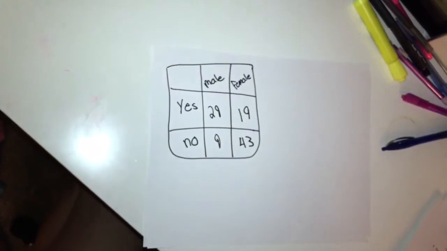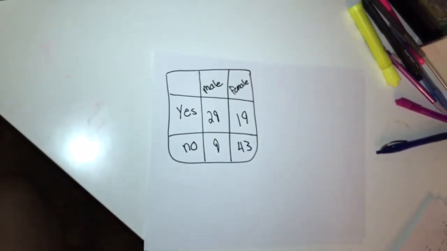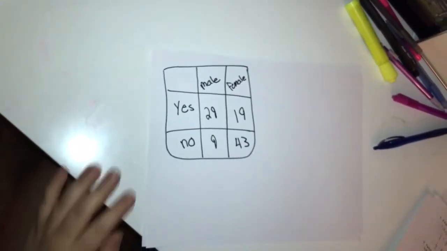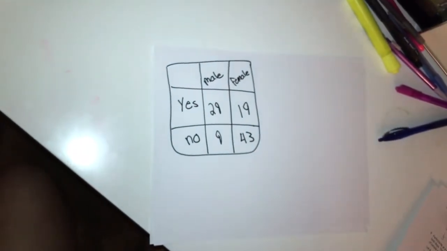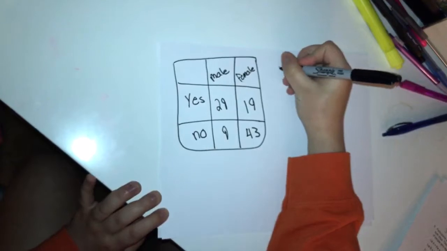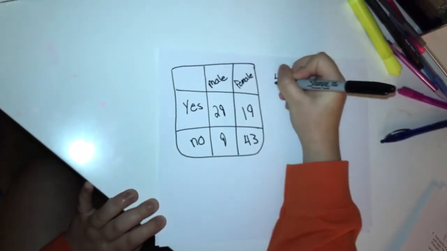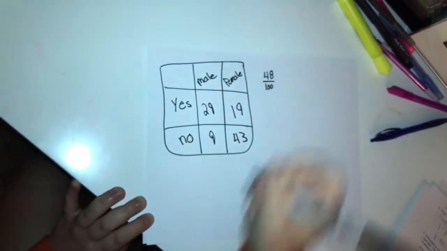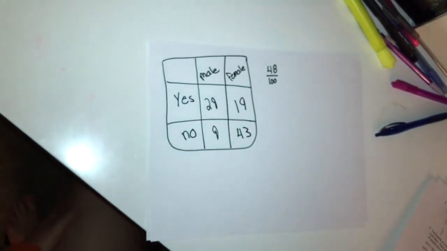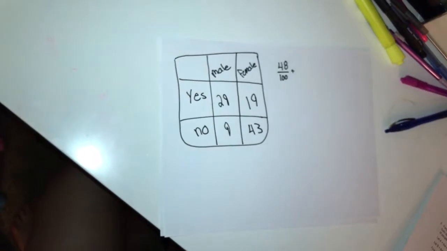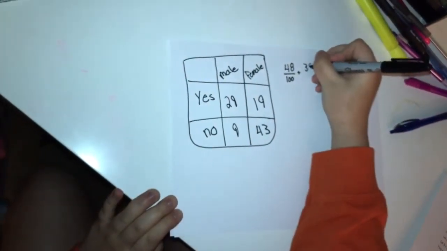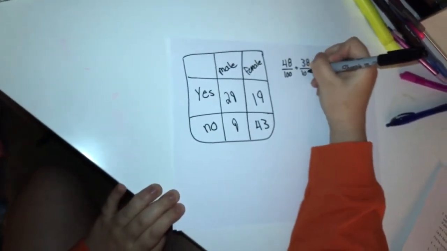So now we have to find the probability. What is the probability that a person answered yes or was a male? The keyword is or. So we're going to do the probability that they answered yes first. So that would be 48 out of 100. And then we have to do plus the probability that they were male, and there were 38 males over 100.